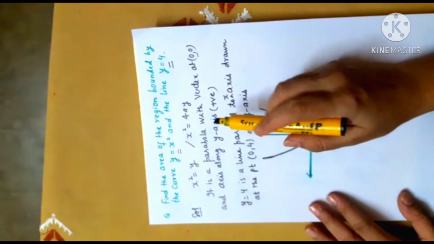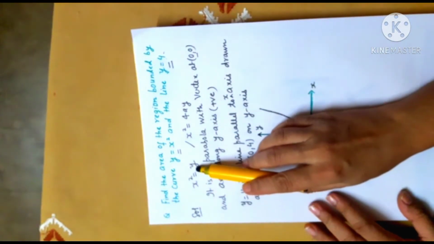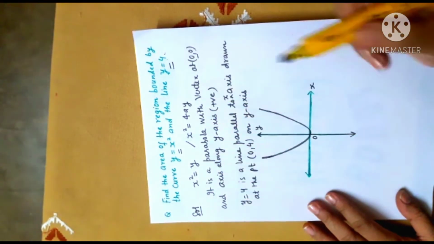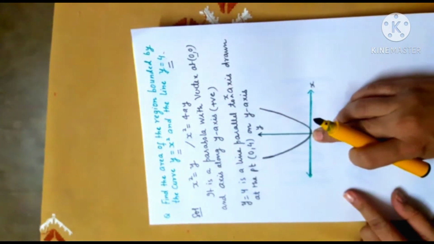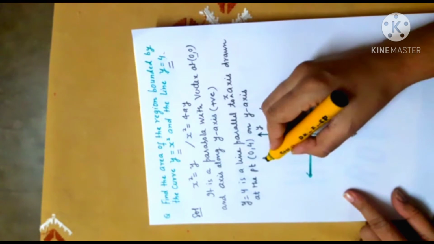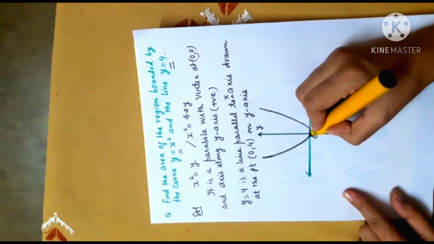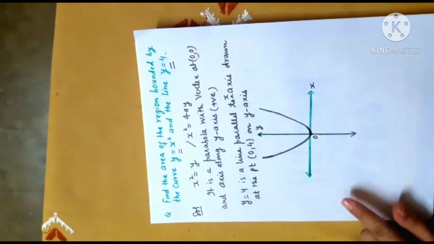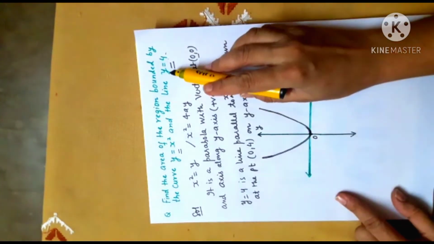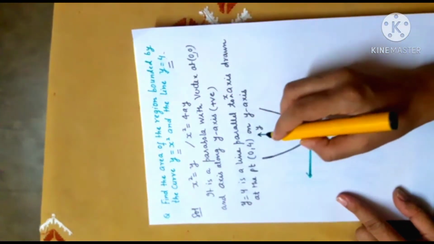Yes, so let's draw the figure. X square equal to y represents a parabola with vertex at origin and symmetrical about y-axis, that is the parabola will open upwards. Right? Vertex is at this point. Next we have line y equal to 4.